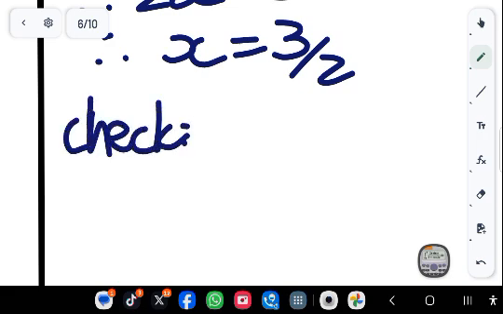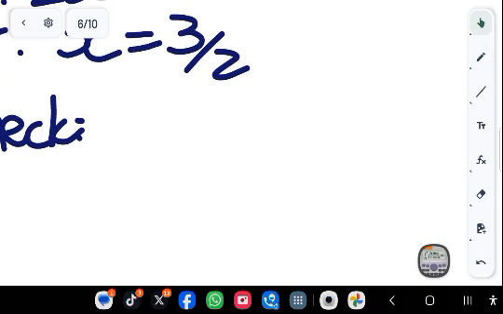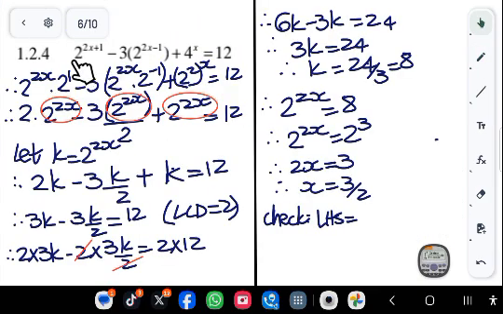You can even take your calculator. Left hand side equals, wherever there is x, you put 3 over 2.